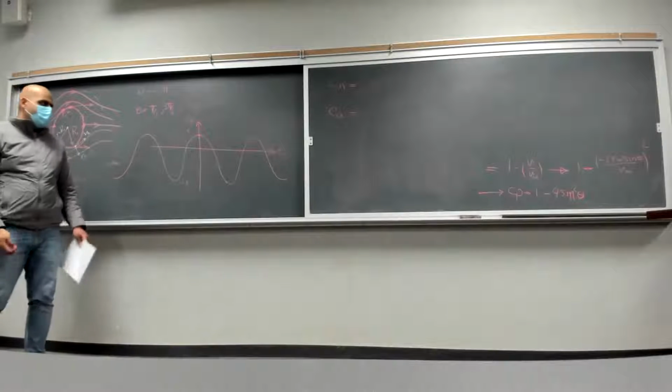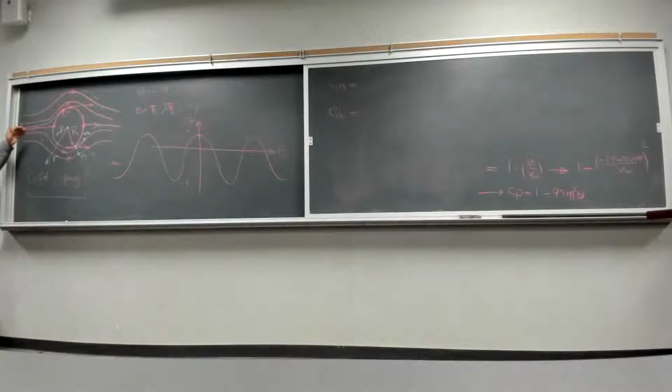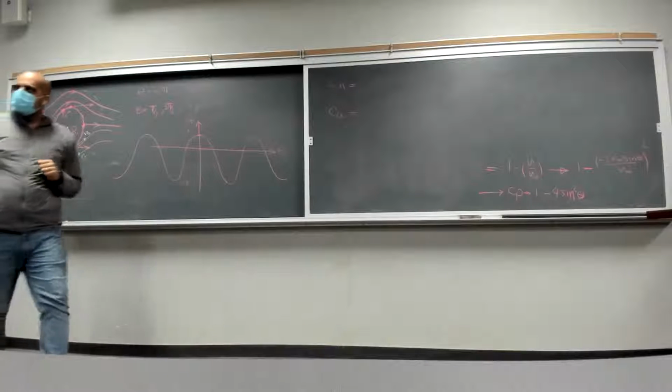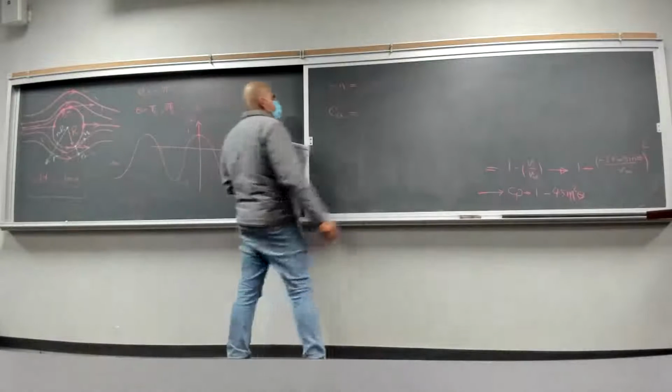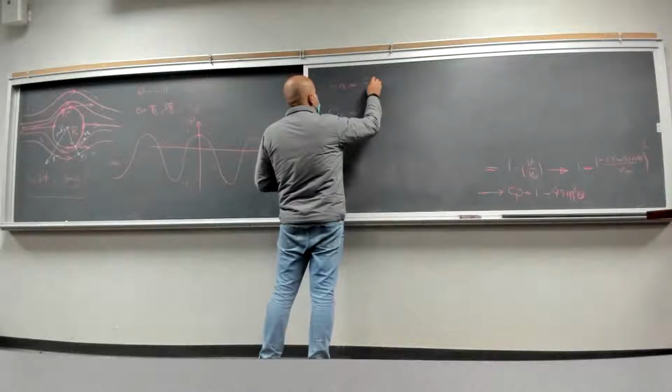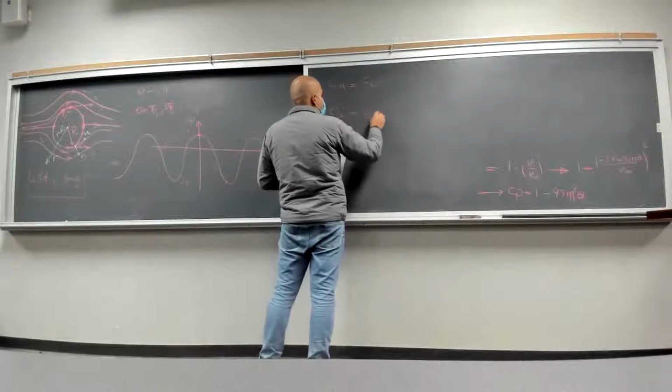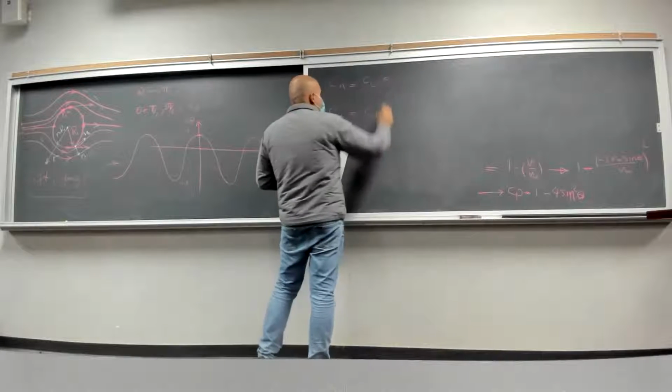In this case, since it's a cylinder, it doesn't really matter what the angle of attack is, right? Your normal force is always going to be the lift force, and your axial force is always going to be the drag force.